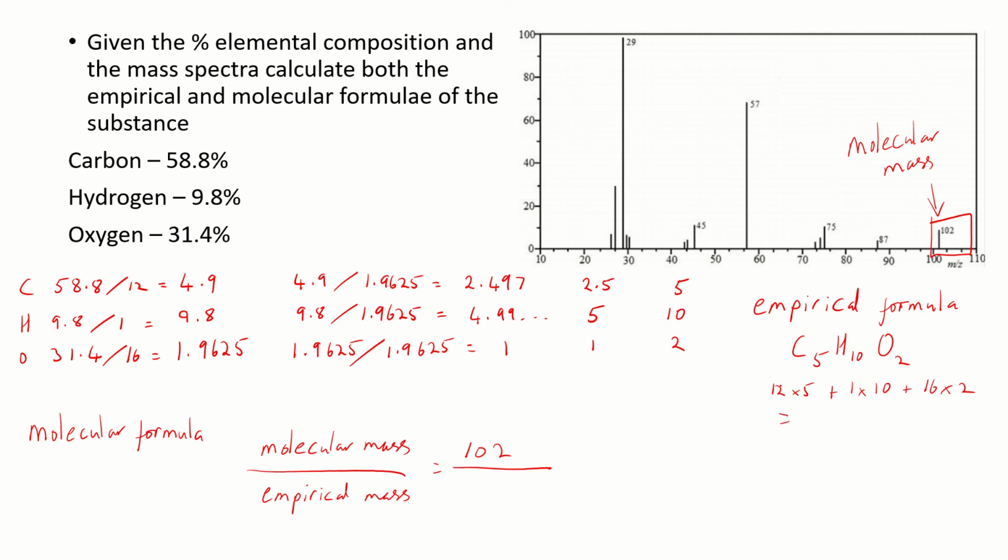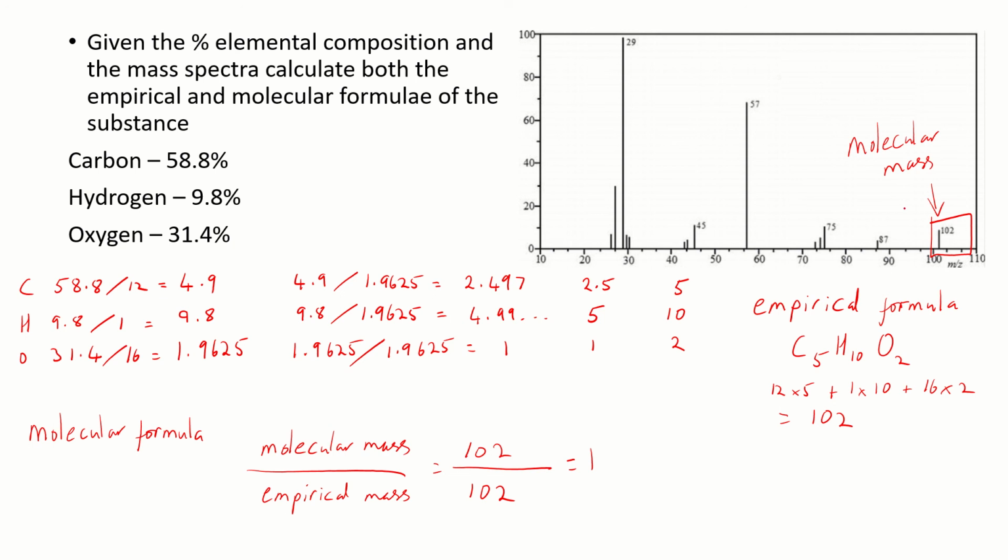Add that up, 60, 70, 32, 102, under there. So this equals 1. What it's telling us is the empirical is the same as the molecular, because we would do 5 times 1, 10 times 1, and 2 times 1.